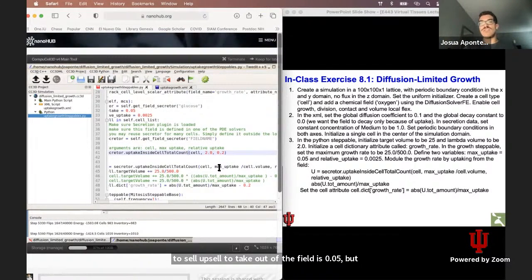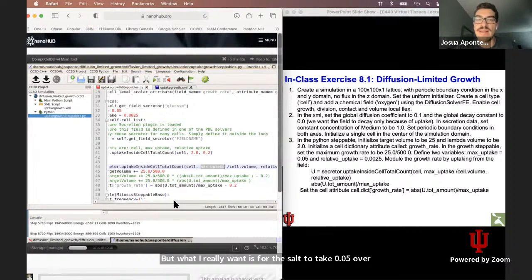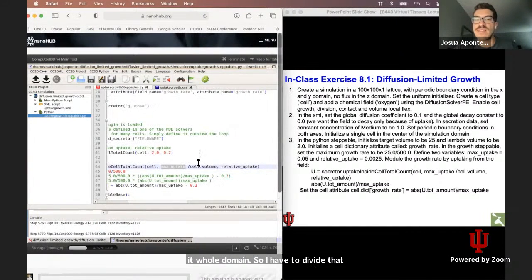But if I just type 0.05 here, that means that every pixel of the cell will take 0.05. But what I really want is for the cell to take 0.05 over its whole domain. So I have to divide that max uptake by the cell volume.